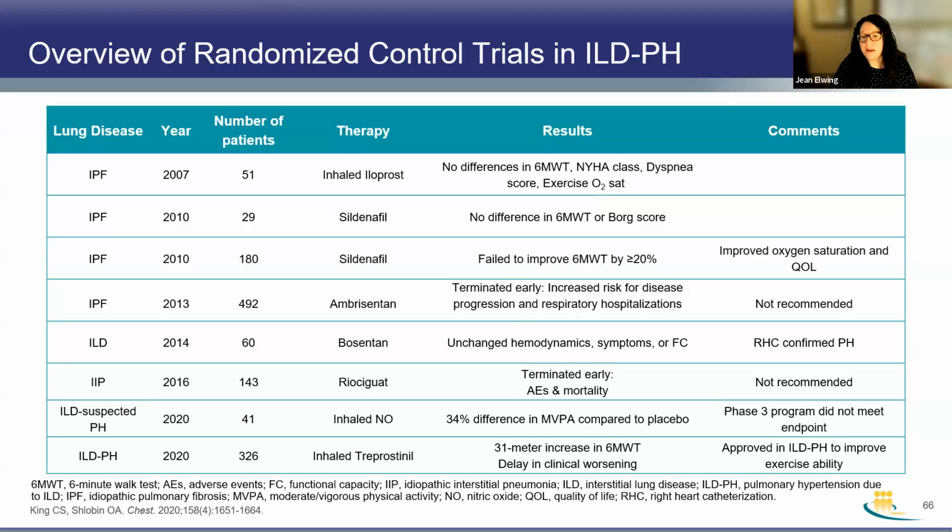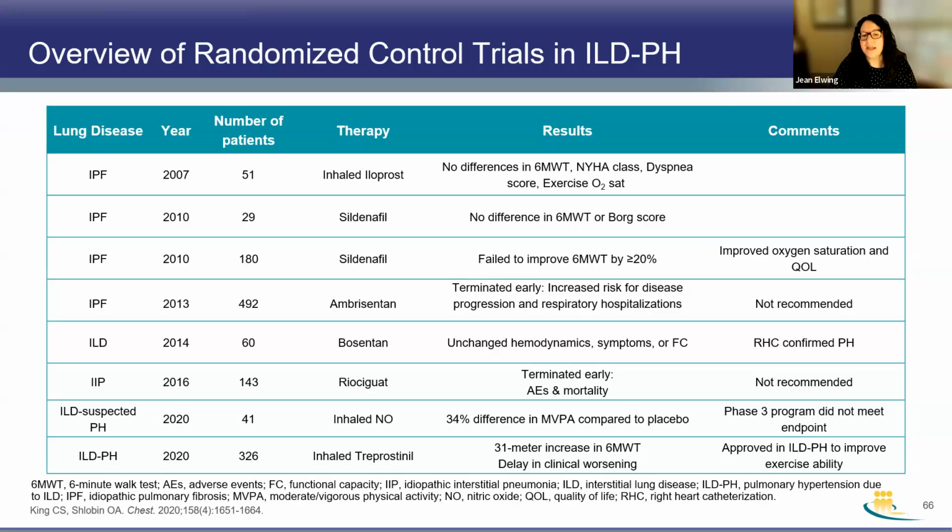We've looked at ambrisentan in IPF, and actually that was terminated early because of progression of respiratory hospitalizations. So that is a drug we recommend against using in our ILD patients with pulmonary hypertension. And we have also looked at riociguat, which was terminated early because of adverse events and mortality. Again, an oral therapy that we recommend against in ILD-PH.